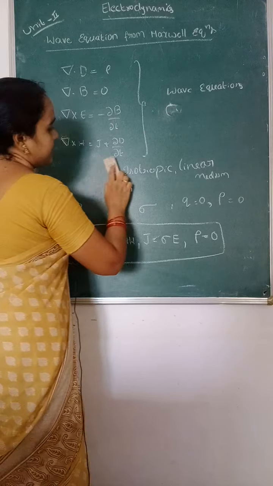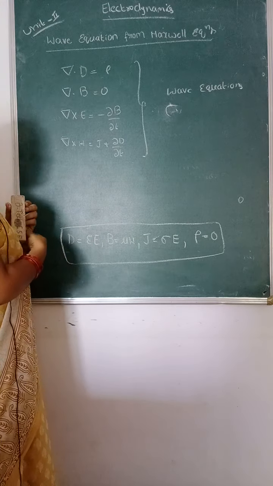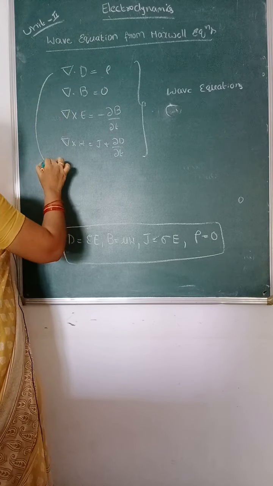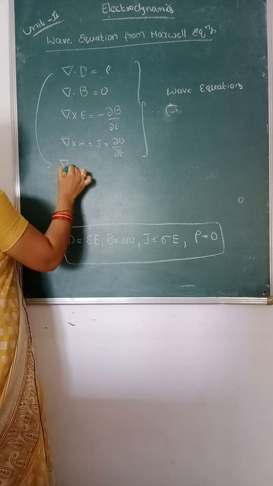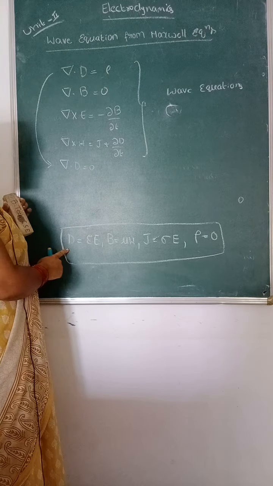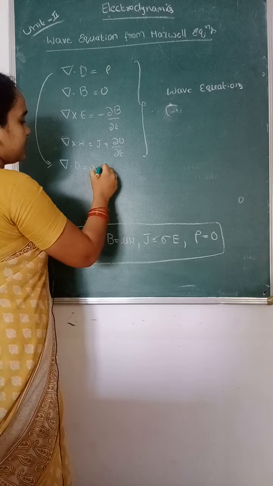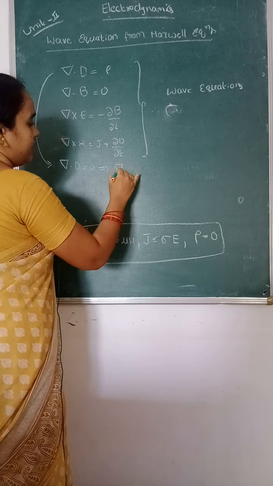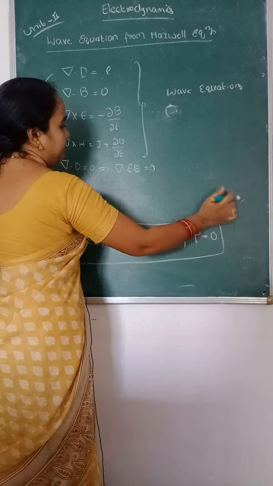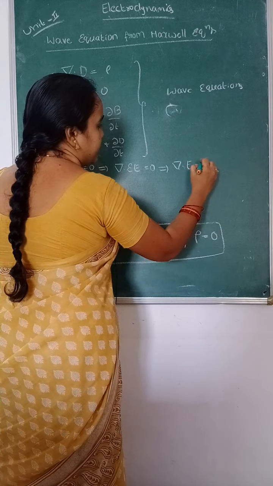What happens? The first equation is del dot D is equal to rho. Since rho is equal to 0, the first equation becomes del dot D is equal to 0. For this medium, D is equal to epsilon E. This epsilon is constant. So del dot epsilon E is equal to 0, which implies del dot E is equal to 0.